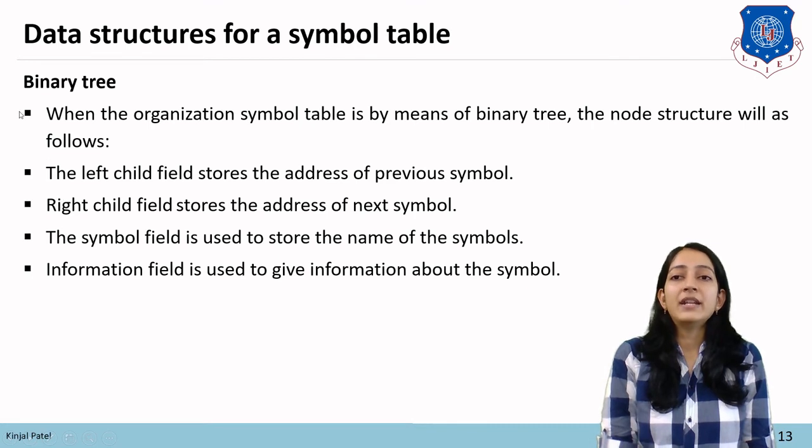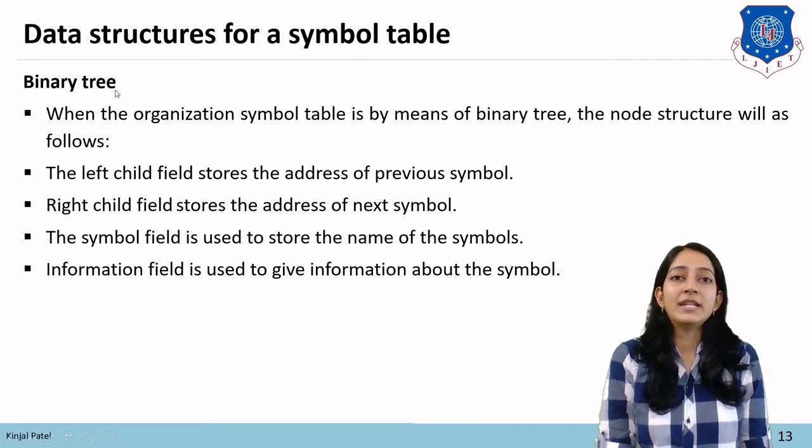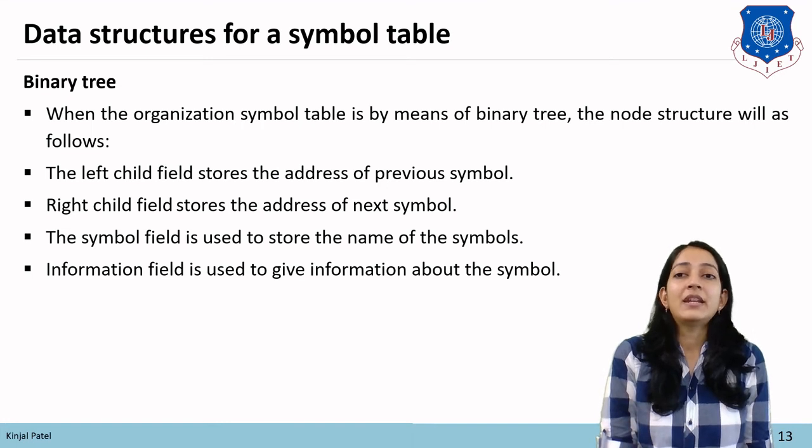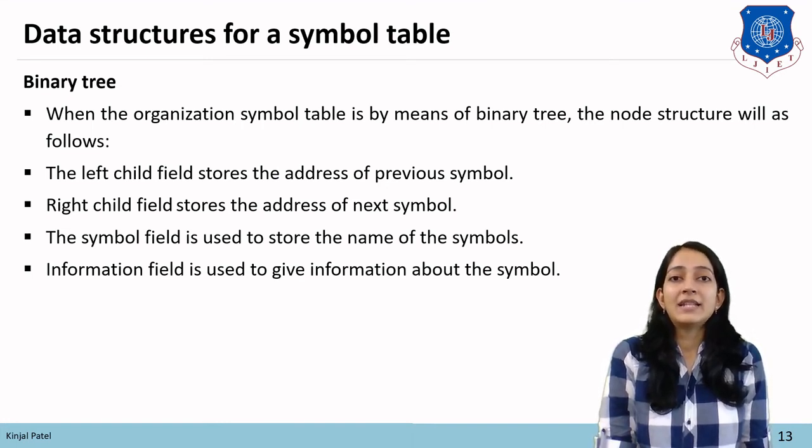In a binary tree we can find a symbol easily because each symbol has the information of its previous and next symbol. But in a binary tree the space complexity is high because each variable stores its previous and next child. So the space complexity is high but the time complexity is less.